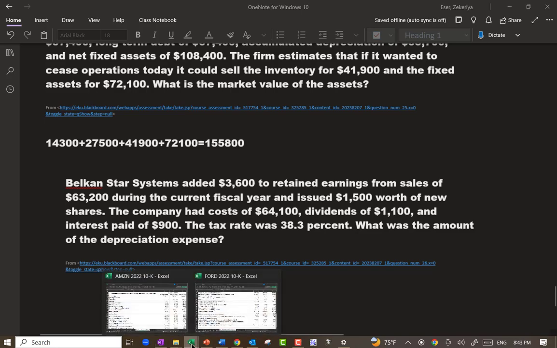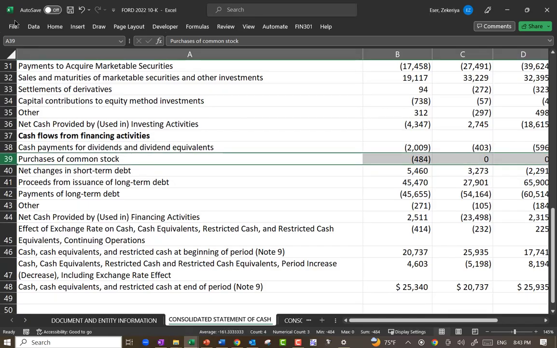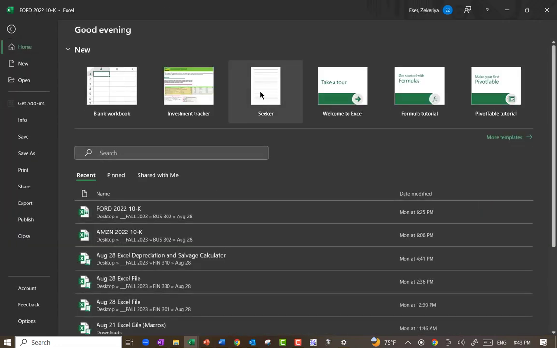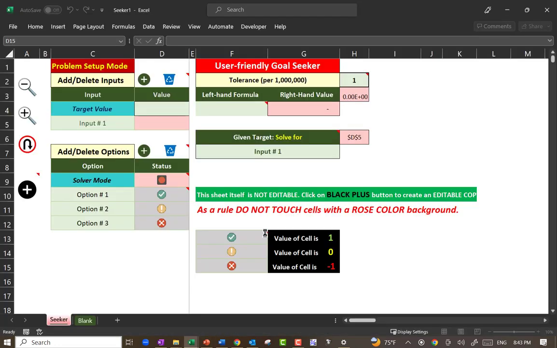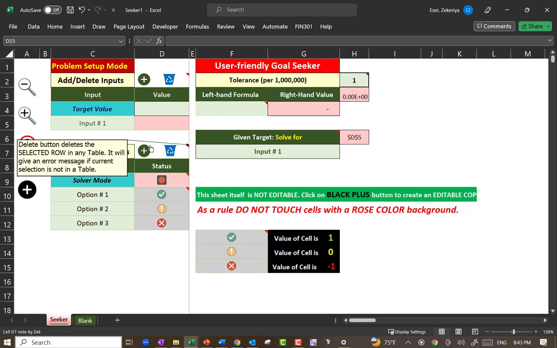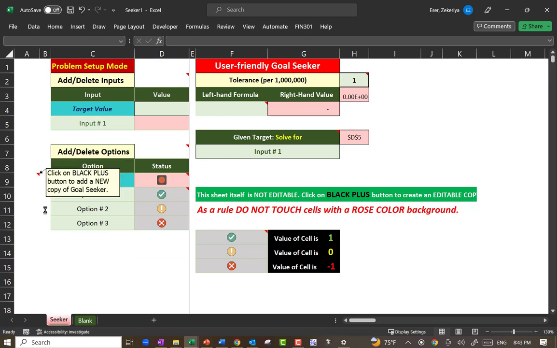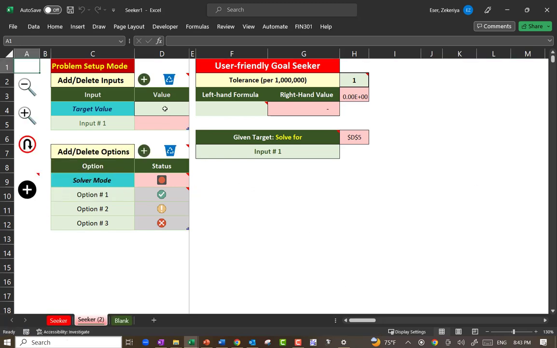I'm going to actually use our little friend, Seeker. I don't have to, but I will. Let me create a blank version of that. Since you weren't here the first two classes, you haven't seen much of this.